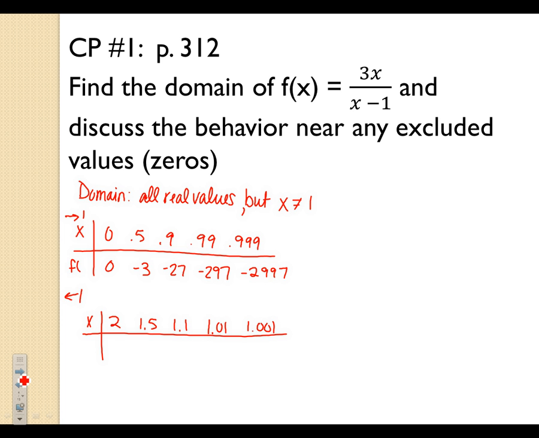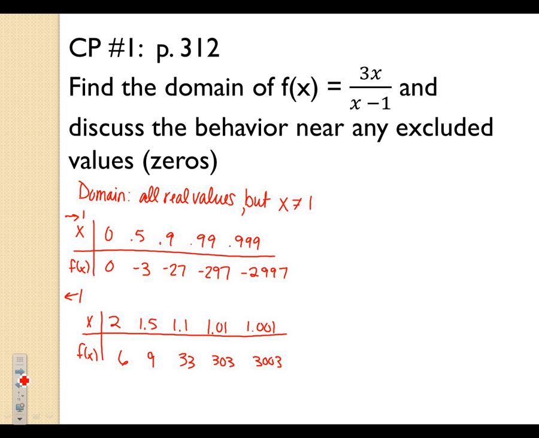Okay, I guess I could put in that these are the f of x values. So the values that we come up with here are 6, 9, 33, 303, and 3003. All right, so you can see from this, as x approaches 1 from the left, x is getting closer to 1, and the f of x is heading rapidly towards negative infinity.